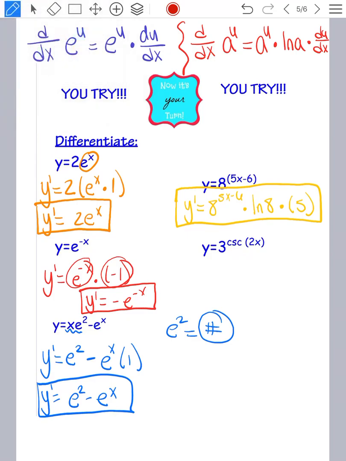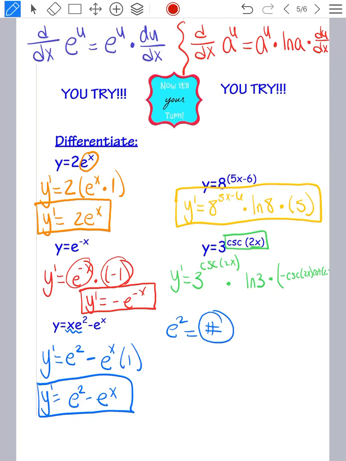And then last one, the derivative, keep it the same. So 3 to the cosecant of 2x times natural log of the base, which is 3, times derivative of the inside. So what is the derivative of this exponent? This is a little bit of a throwback. The derivative of cosecant is negative cosecant cotangent.